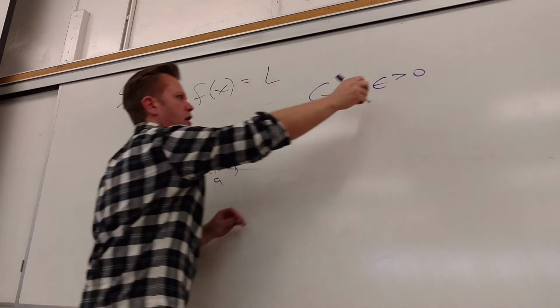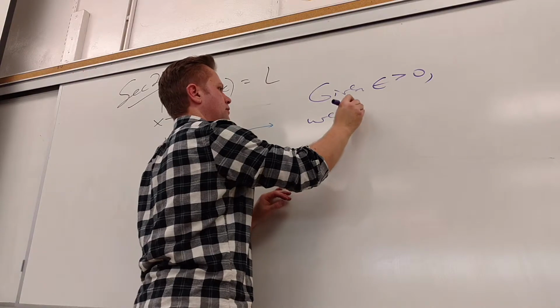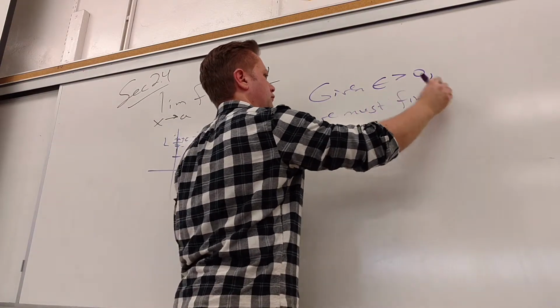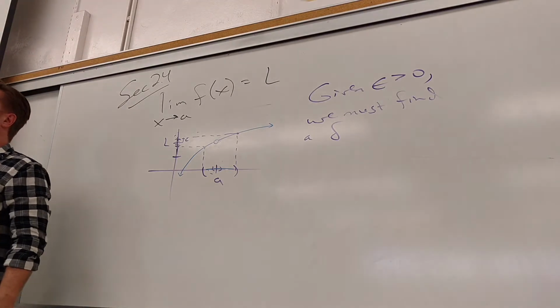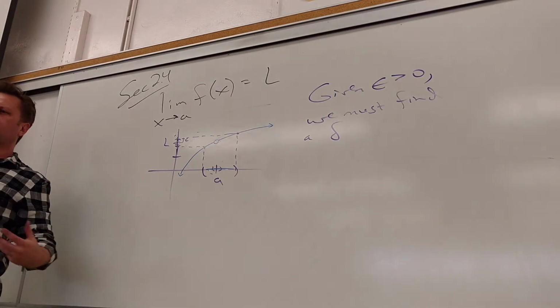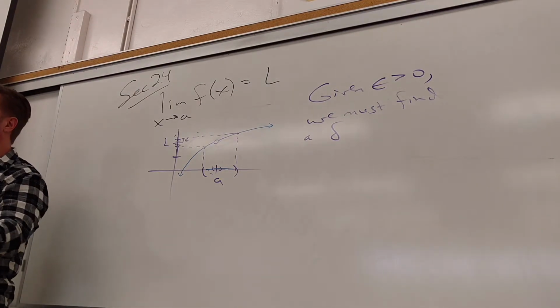So given an epsilon greater than 0, we must find, let me just write down the result, a delta. Might as well use a letter somewhere around epsilon. Might as well stay with Greek. Let's not go Klingon.